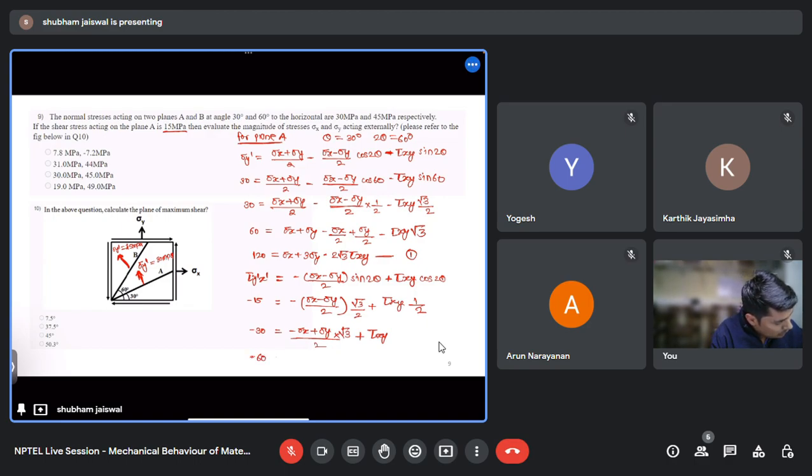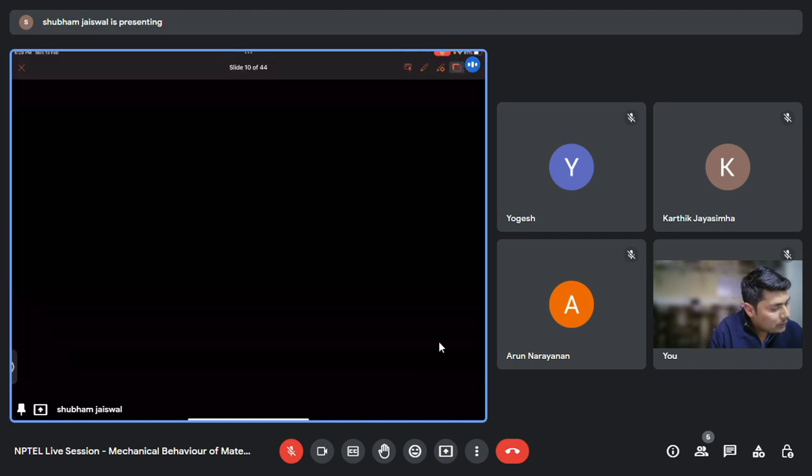Minus 60 is equal to minus root 3 sigma x plus root 3 sigma y plus 2 tau xy. Is it correct? Yes, sir.